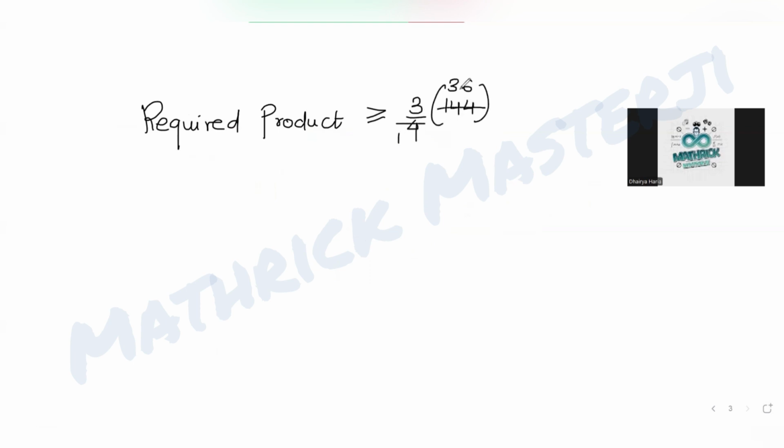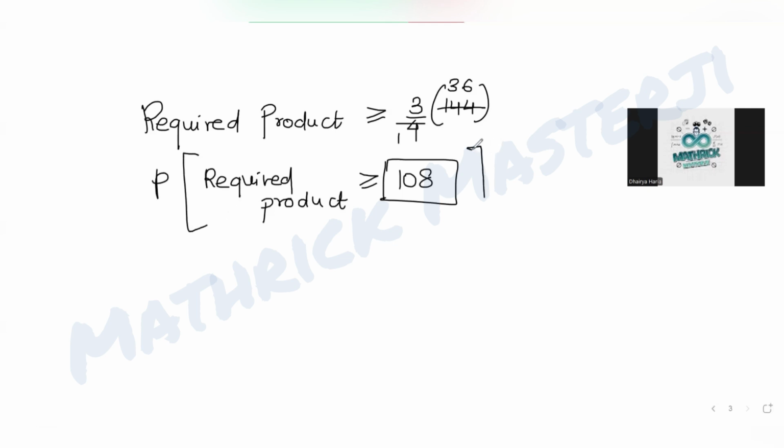So 144 divided by 4 is 36, and that makes it 108. So the required product should be greater than or equal to 108. We have to find the probability of the product of the two integers becoming greater than or equal to 108.